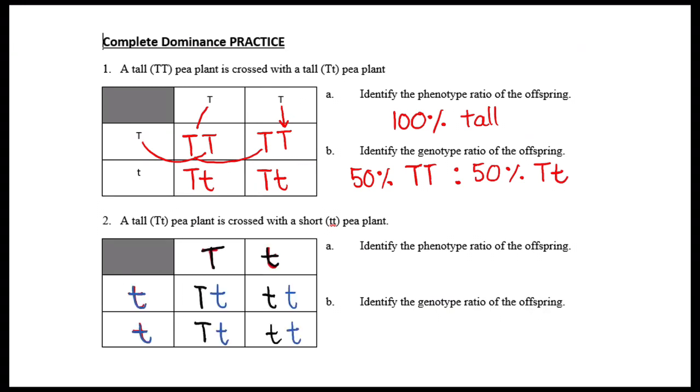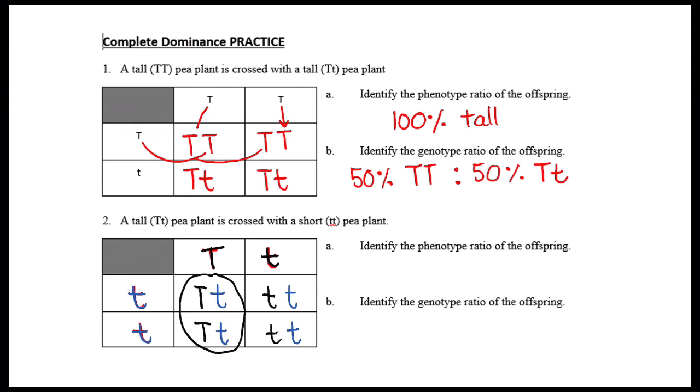Okay, so I have gone ahead and filled in the second example here for you to look at, and I've also color-coded it to help you differentiate which parent gave which allele. So looking at this, we can see that we have two heterozygous, and sometimes it's easier to start with the genotype over the phenotype. With these questions, you don't necessarily have to do it in the order shown here.